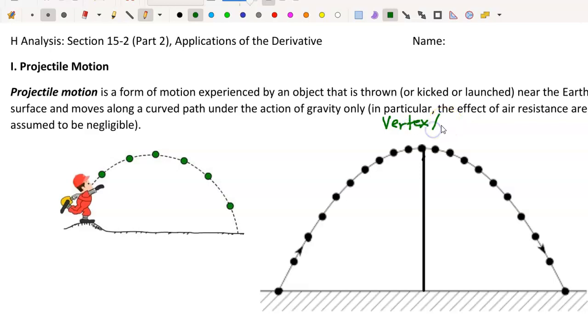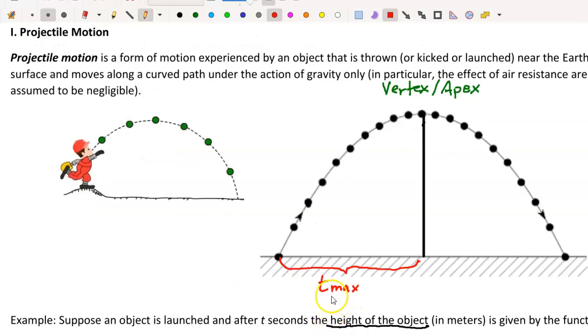In the sciences, it's also called the apex. So you might see that used interchangeably. And it takes some certain time for the height to reach the maximum point. So we call this the time it takes to reach the maximum. We say max, but it means max height.